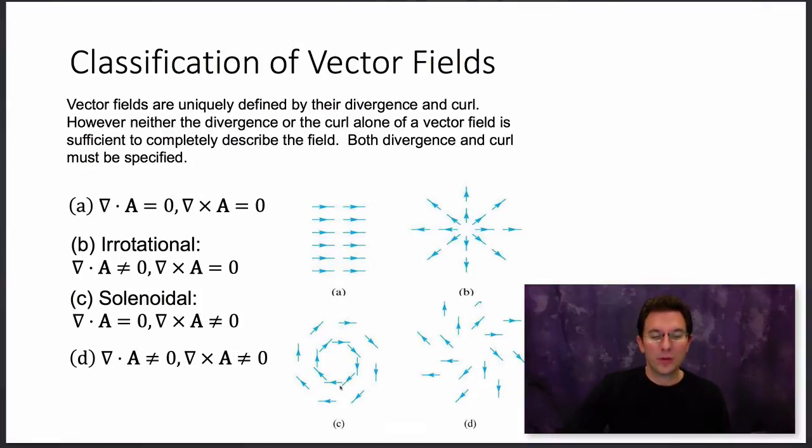This field here that's just wrapping around but not changing in magnitude as you move is an example of a solenoidal field. And in general, for a general vector field, we don't expect that necessarily the curl will be zero or the divergence will be zero. We simply don't know. And that kind of field that has non-zero divergence and non-zero curl is shown here in letter D.